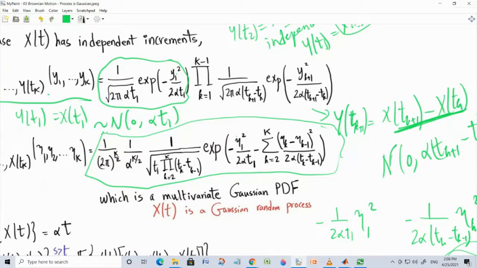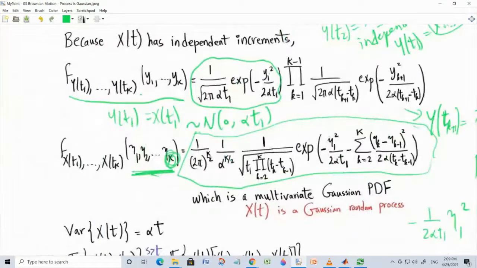Now, is this derivation dependent on the number of time instants that we study? No. For any natural number k, time instants t1 less than t2 less than t3 up to tk, if you try to compute the joint distribution, it will be multivariate Gaussian.